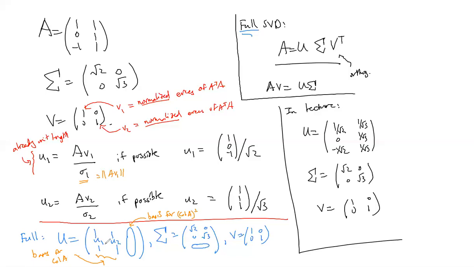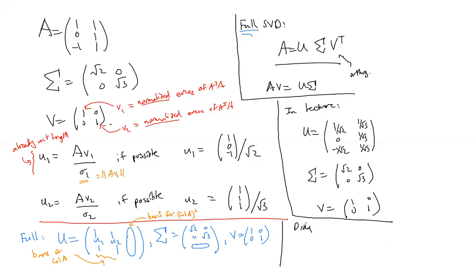Conceptually, remember when you diagonalize a matrix, what you're doing is finding a basis of eigenvectors. Let's compare this to diagonalization. In diagonalizing, you have A equals P D P inverse, and the columns of P are a basis of eigenvectors.